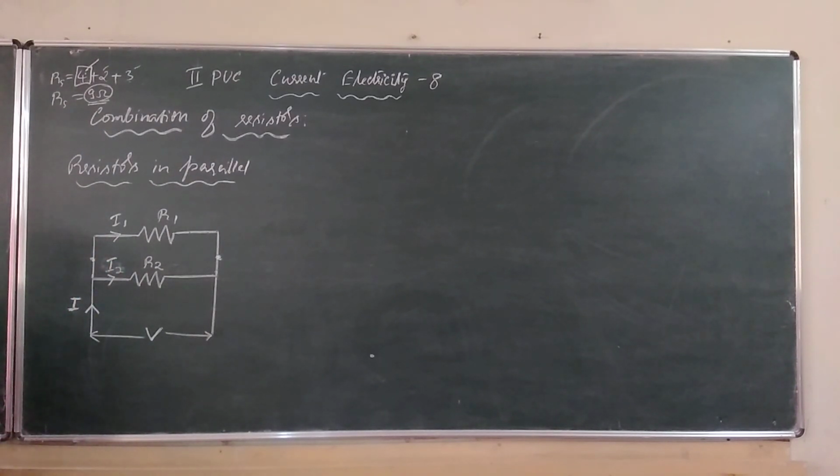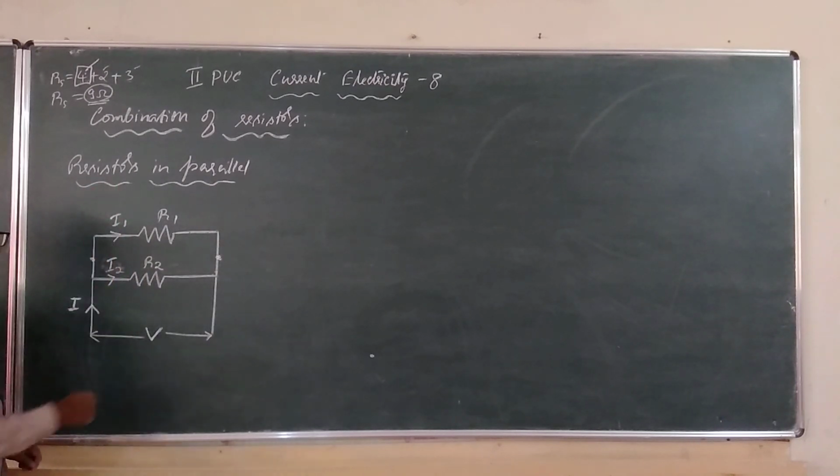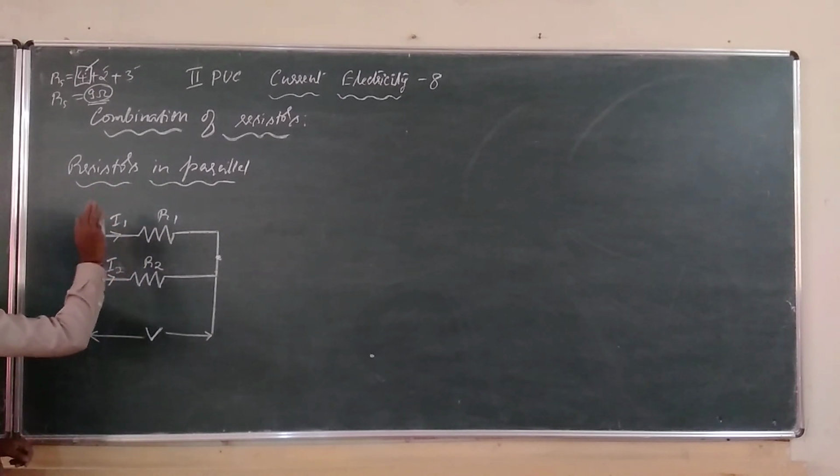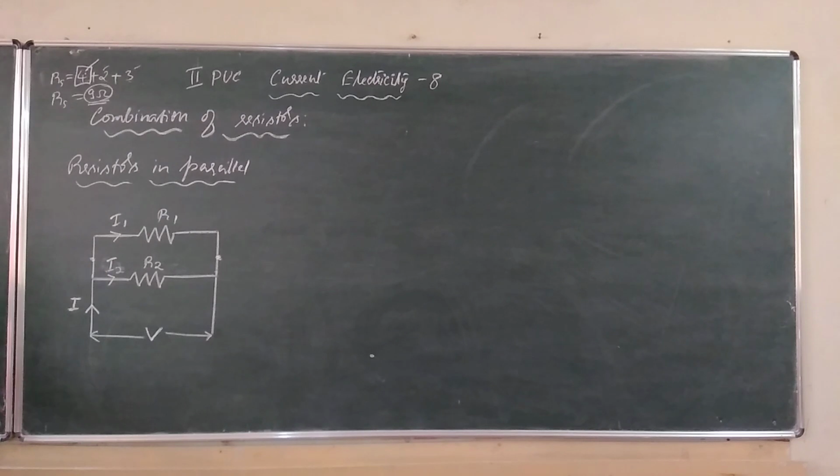So here there are two branches. However many resistors there are, that many branches there are, and that many individual currents. So I1 and I2 are the currents flowing through R1 and R2 respectively.